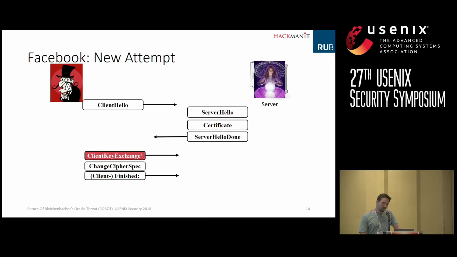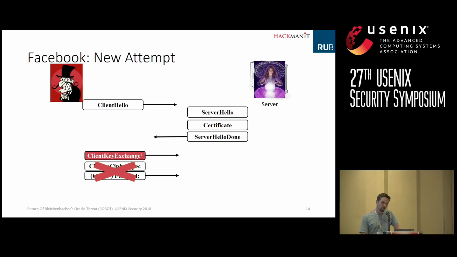Then Hanno talked about it with some people, with Craig, and Craig had an idea: what can we do about it? We can verify whether Facebook is still vulnerable. His idea was maybe to play with the TLS handshake, and what he did, he removed the chosen ciphertext and client finished message.